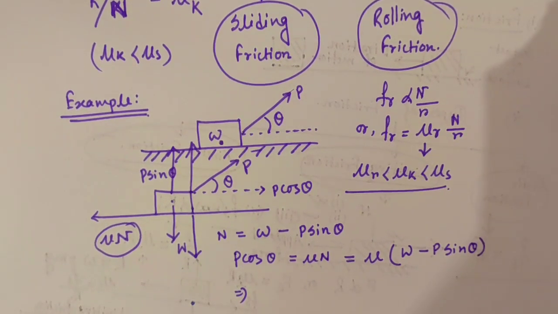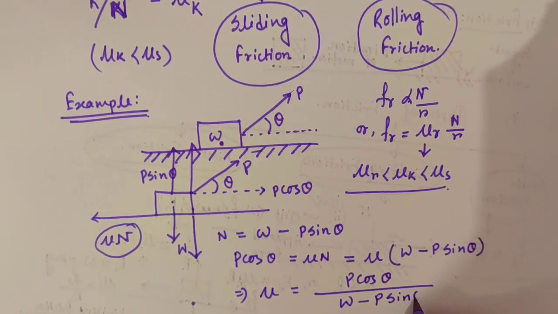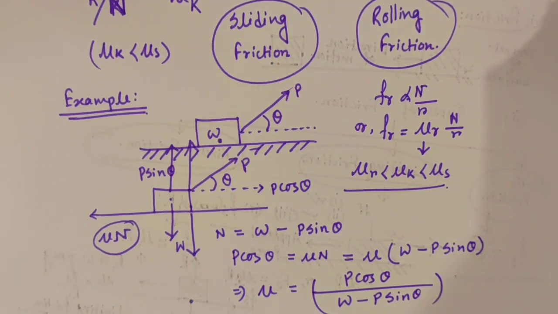We have to find out the value of coefficient of friction, that means mu. So mu is equal to P cos theta divided by W minus P sine theta. So this is one simple problem related to friction.